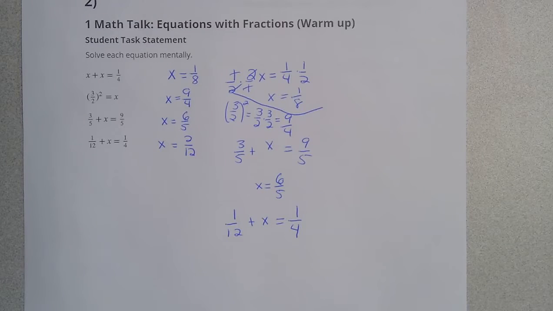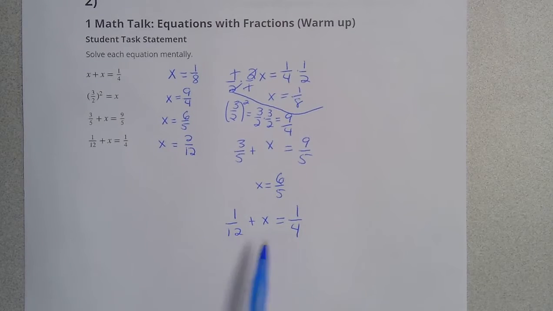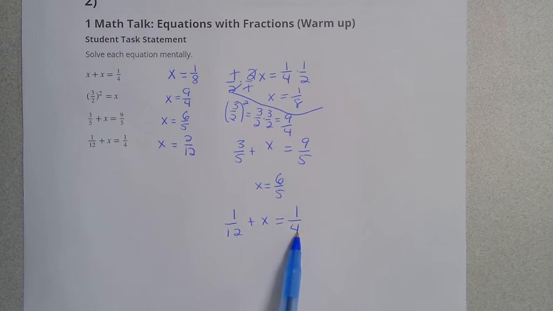And then for our last one, we have 1/12 plus x equals 1/4. In my head, I know I'm going to have to subtract 1/12, but if I'm subtracting 1/12 from 1/4, I'm going to have to find a common denominator. The least common denominator between 4 and 12 is going to be 12, because 4 is a factor of 12, or 4 can be multiplied out to be 12.